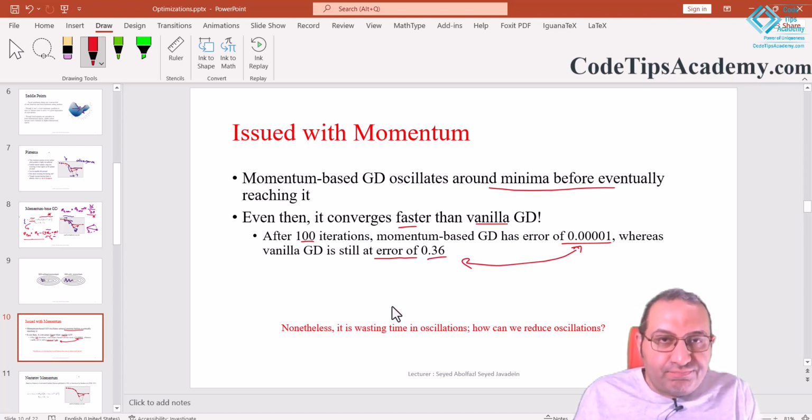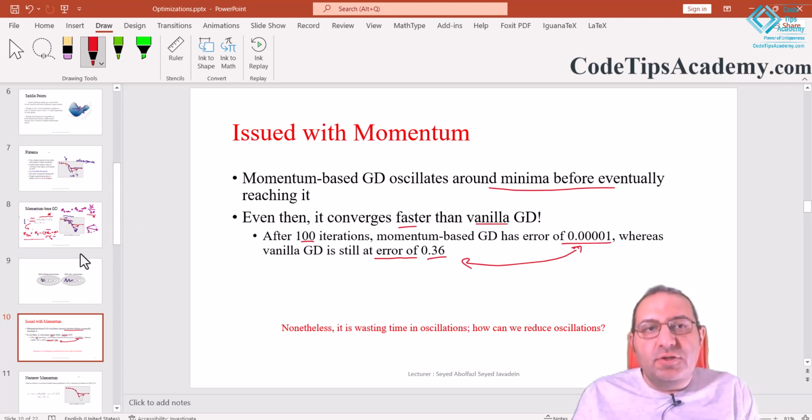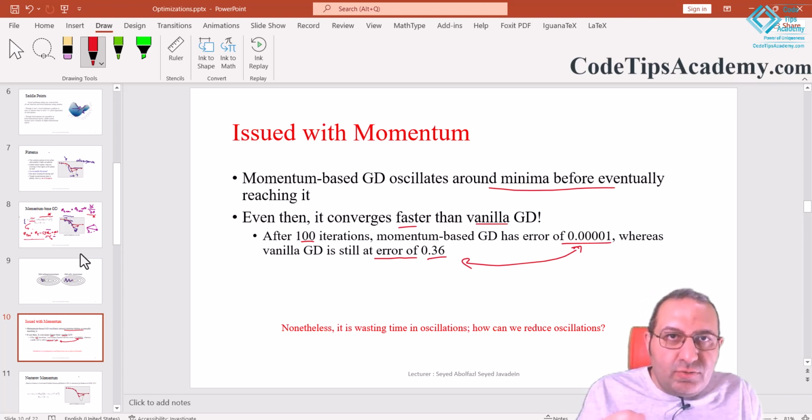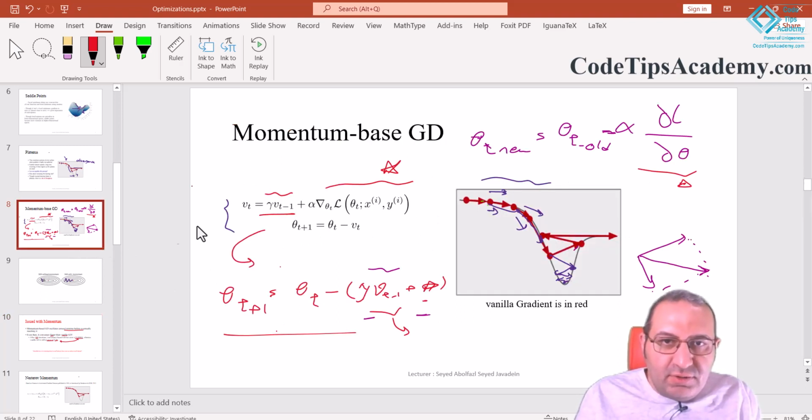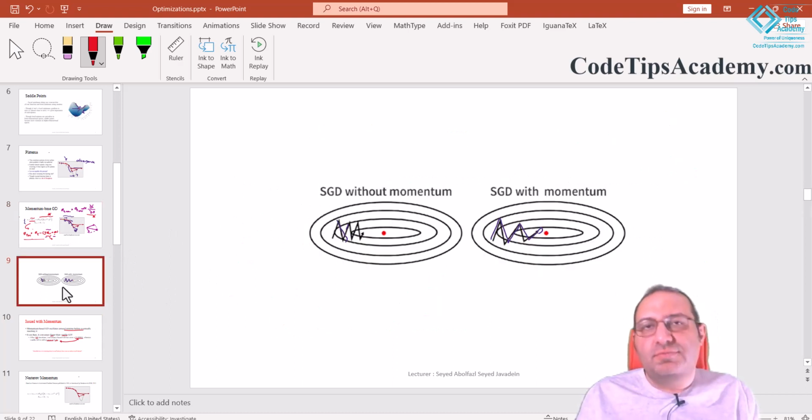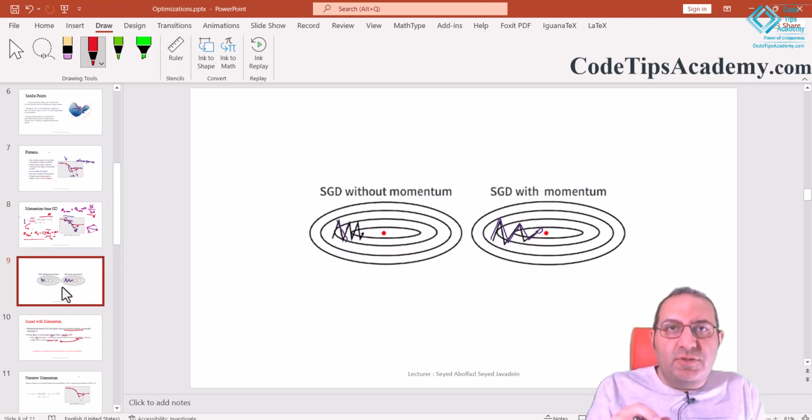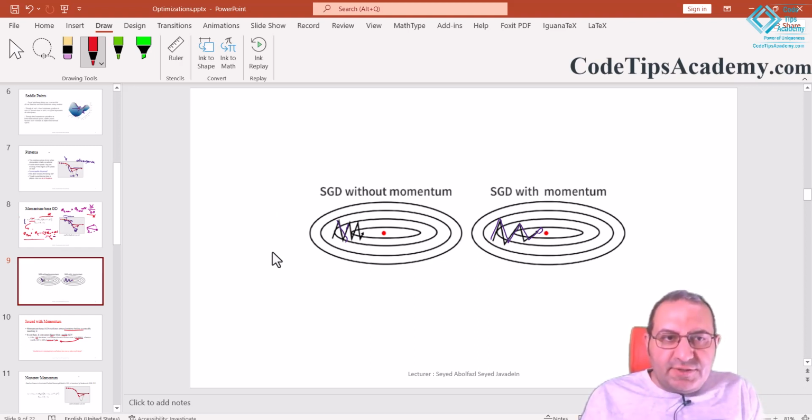But we can use Nesterov momentum to make these oscillations around the global minimum much less.